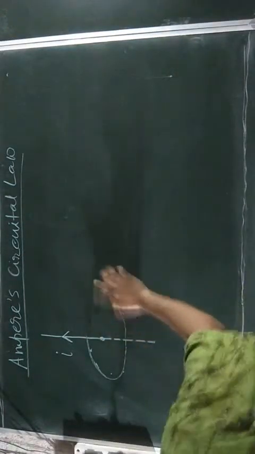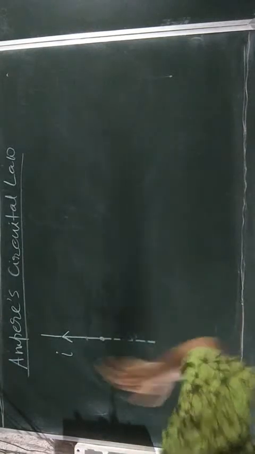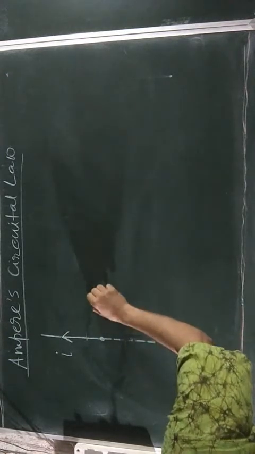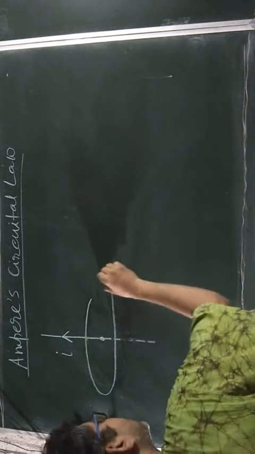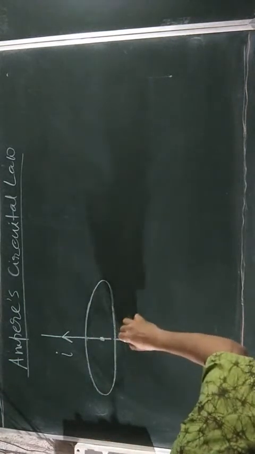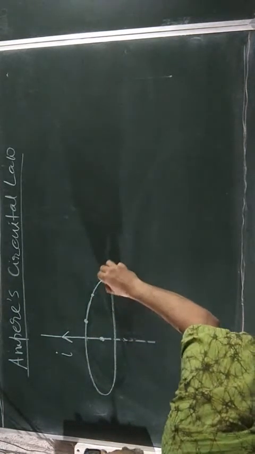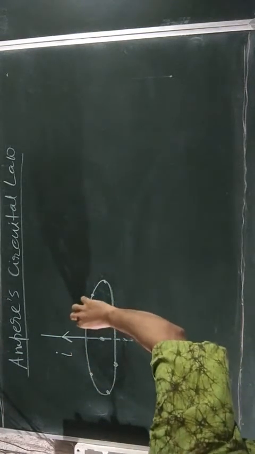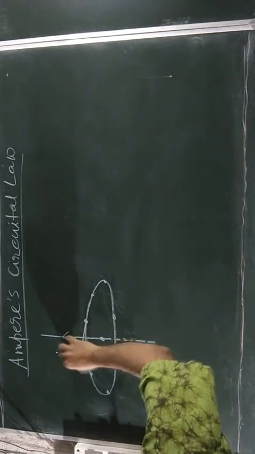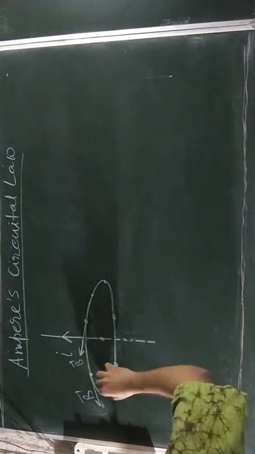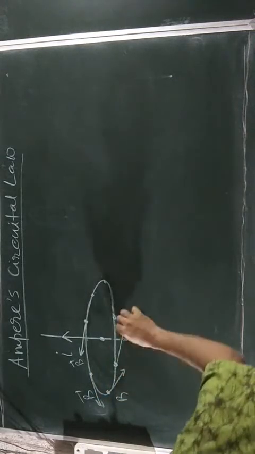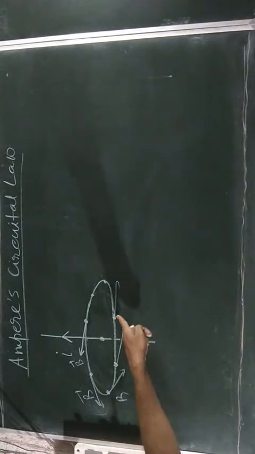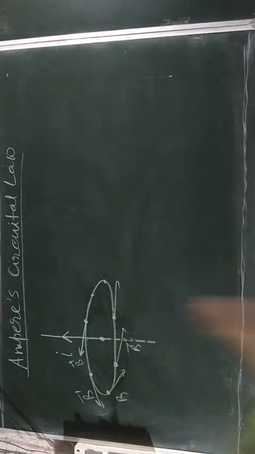If we draw it in a better way, like this, and choose several points, then due to this current, the magnetic fields like this one or this one or this one are all tangential to this line, and this is a closed path.